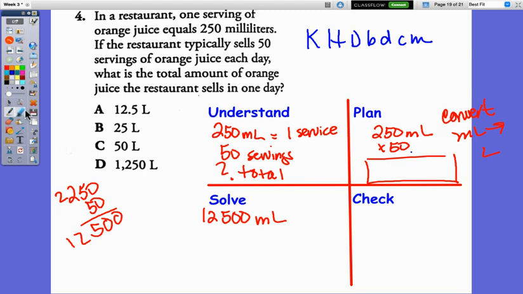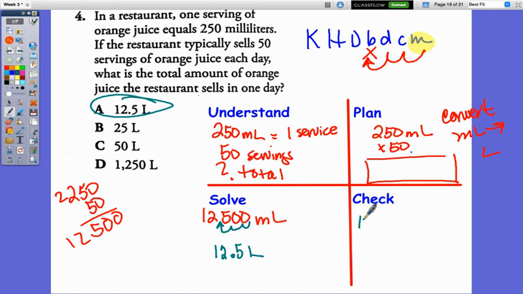We start at milliliters, which is the M. I am ending at liters. When it is a single letter, single letters are your base unit. So I'm moving 1, 2, 3 to the right. 1, 2, 3 to the right, 12.5 liters. Answer is A.